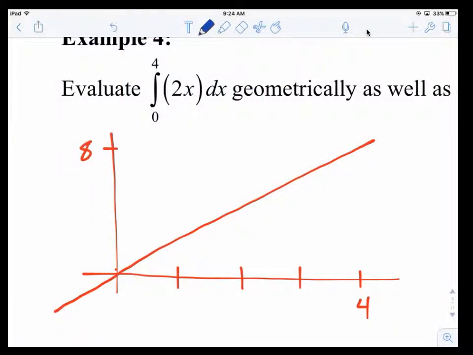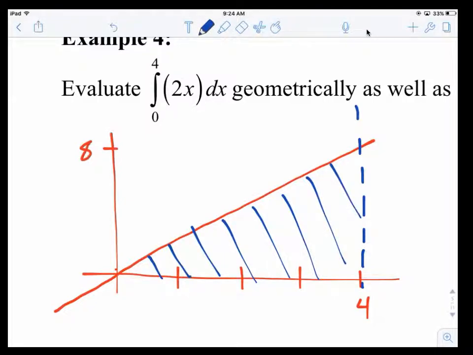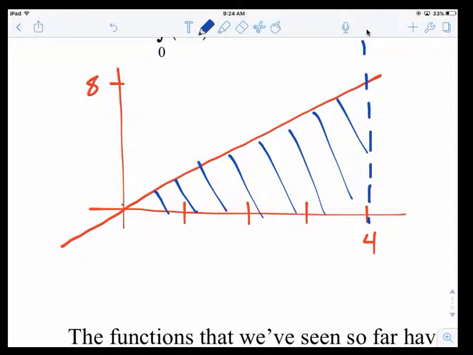All right, so what I want to do is look at the shape underneath that line, between that line and the x-axis. What kind of shape does that give me? Triangle, right? A triangle is something that we could figure out, right? So area would be 1/2 base times the height, right?